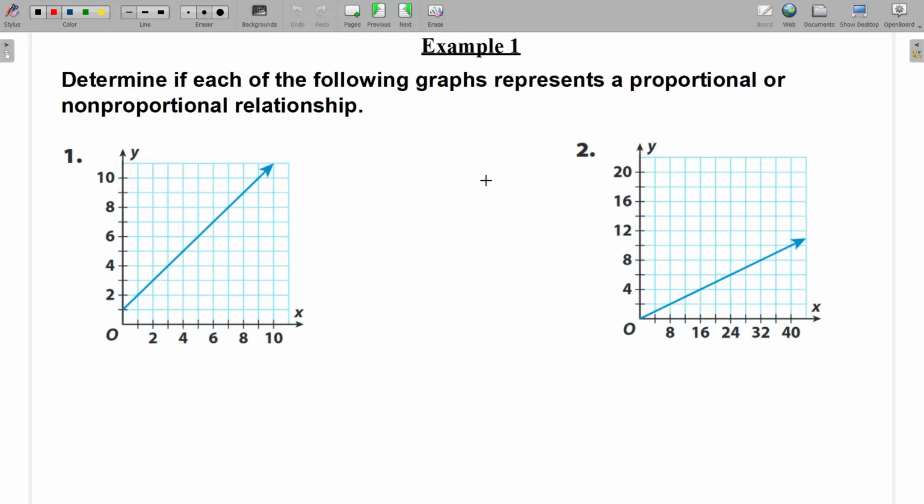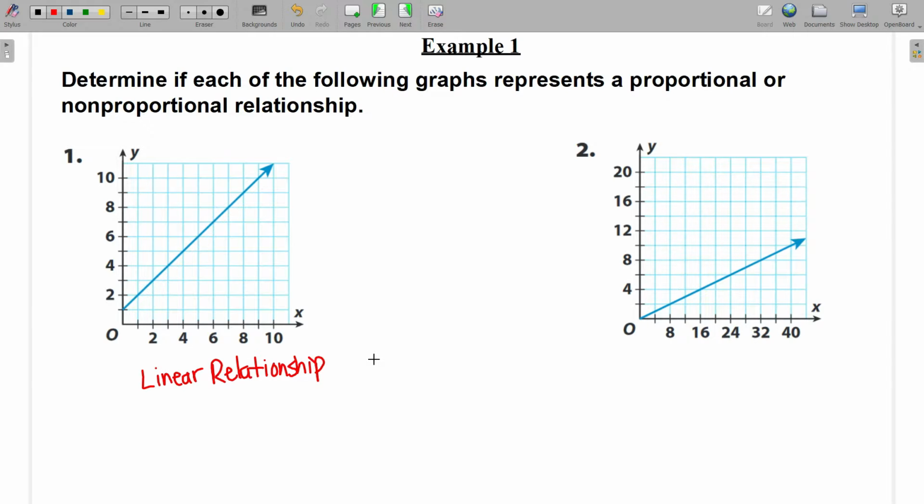In example 1, we're asked to determine if each of the following graphs represents a proportional or non-proportional relationship. So in graph number 1, what we see is a blue line that is indeed going to be linear. So this is a linear relationship. And then the next thing that we want to determine is if this line is proportional or non-proportional.